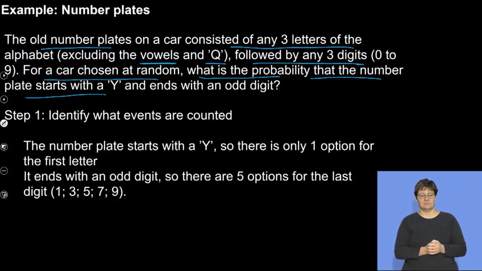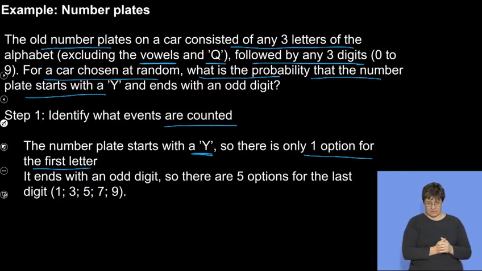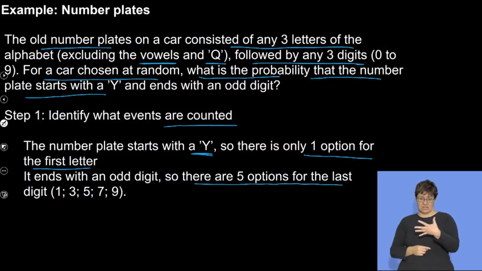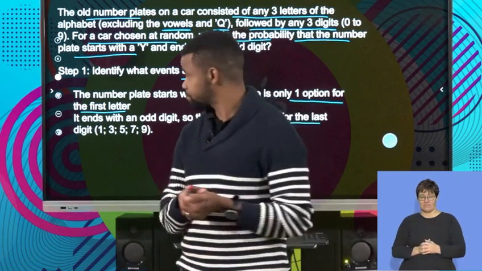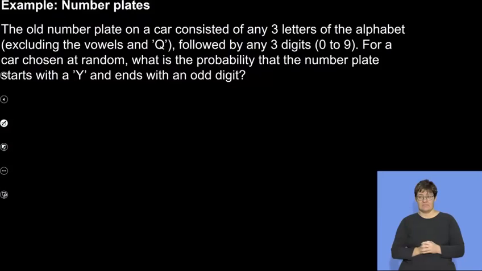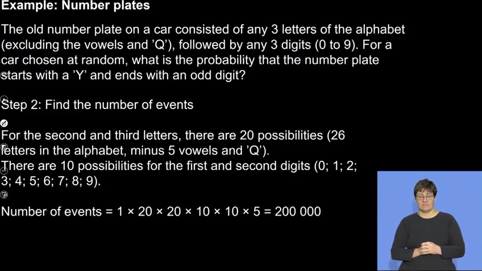So, to identify what events are counted, the number plate must start with Y. So there's only one option for the first letter because it must start with Y. If it ends with an odd digit, there are 5 options for the last digit, which is 1, 3, 5, 7, 9. Then we have to find the number of events.